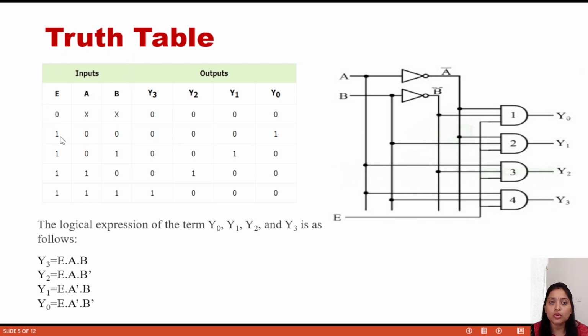As there are 2 inputs, there are 4 combinations: 00, 01, 10, 11. When enable is 0, no combination will work.